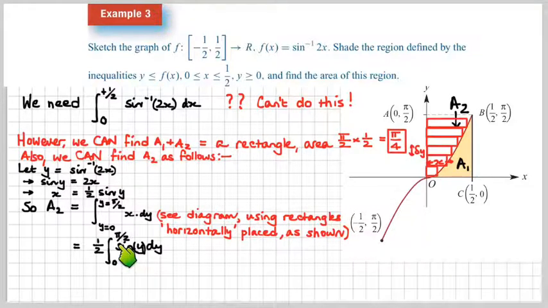Because x equals a half sine y, integrated with respect to y, between 0 and pi on 2, and there's the half bit there, from there up there, right? Now, you see, sine y is very easy to integrate with respect to y, because it's just going to be basically minus cos y. So therefore, it's really, really easy to work out.